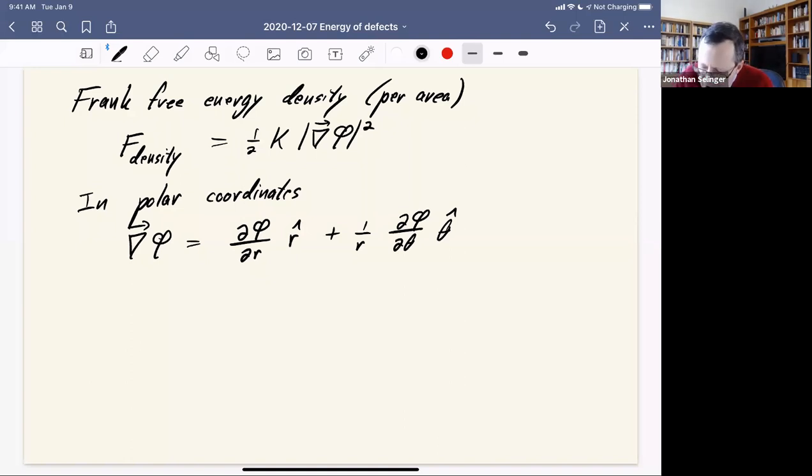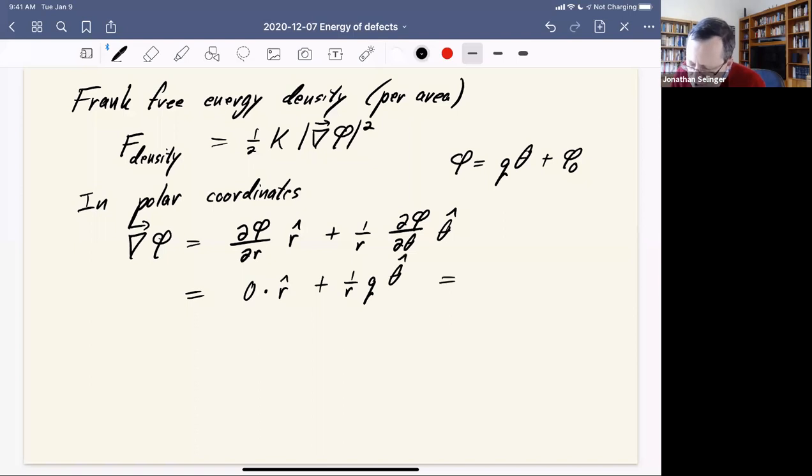Since our equation for phi is q theta plus phi 0, the derivative of phi with respect to r is 0. It doesn't depend on r. Plus 1 over r, the derivative of phi with respect to theta is q, in the theta hat direction. So this is just q over r in the theta hat direction.